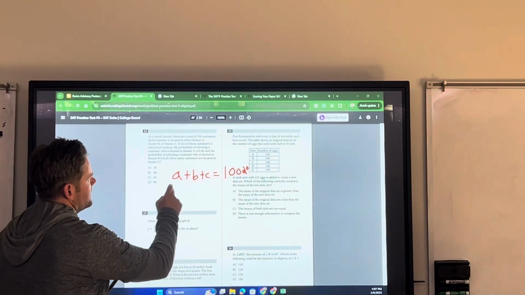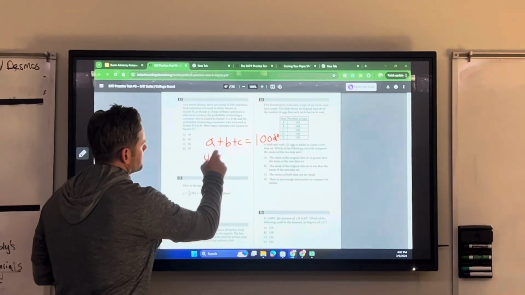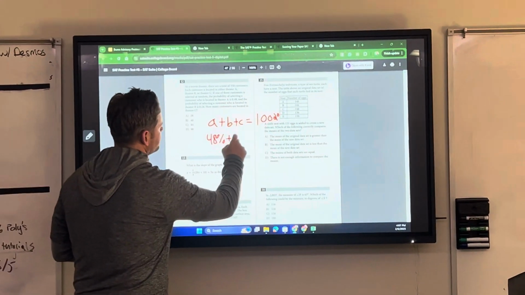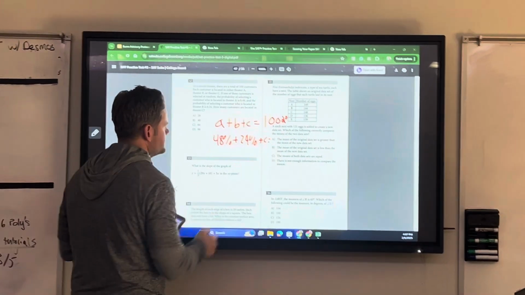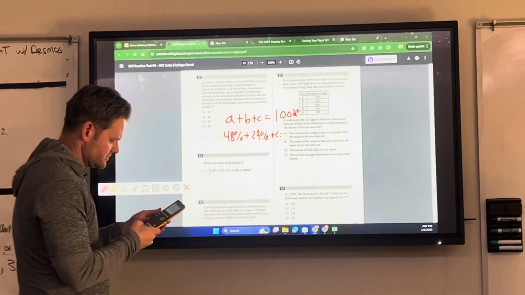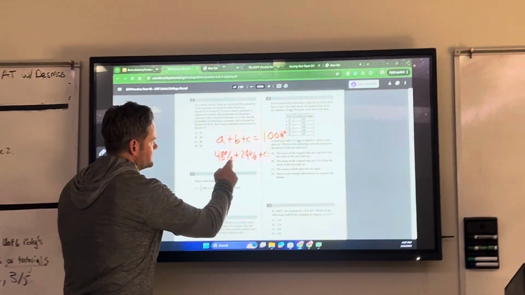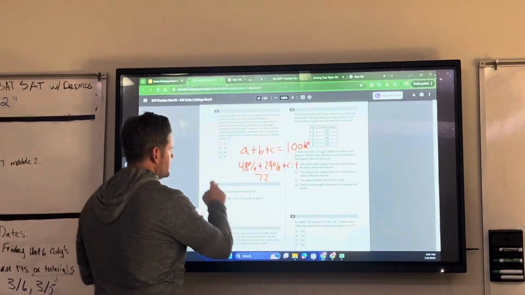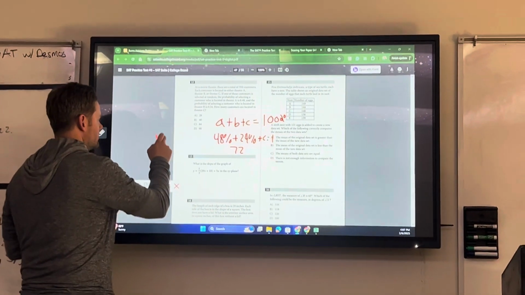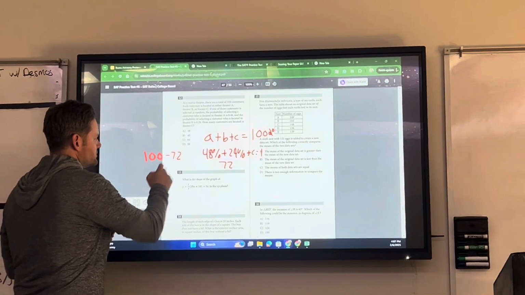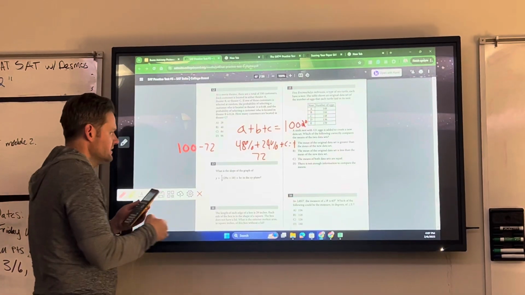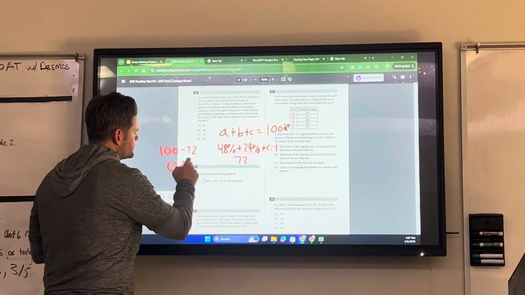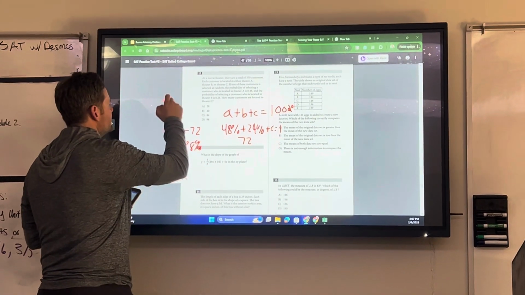So here A is 48%, plus B is 24%, plus some percentage C equals 100. So I take 48 plus 24, I get 72, right? And so I do 100, or 1, minus 72. Remember, I'm dealing in percents. So I know C is going to be equal to 28% or 0.28.